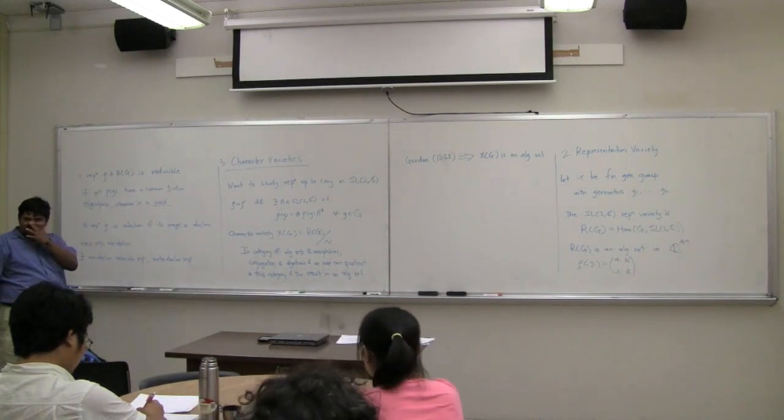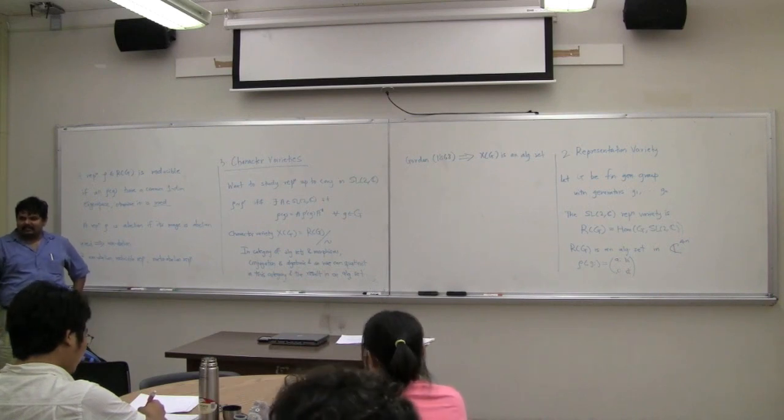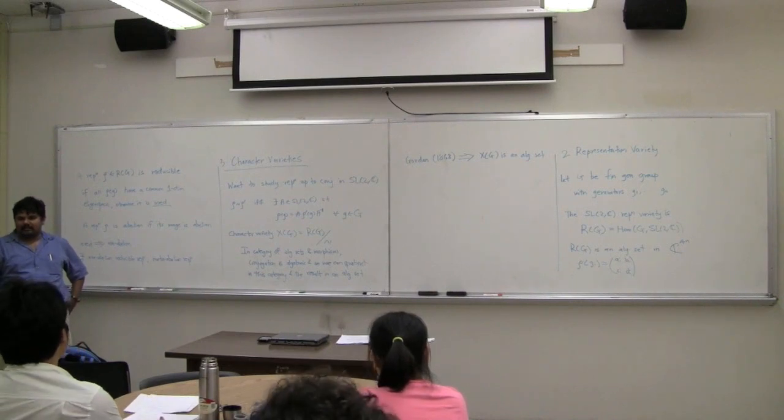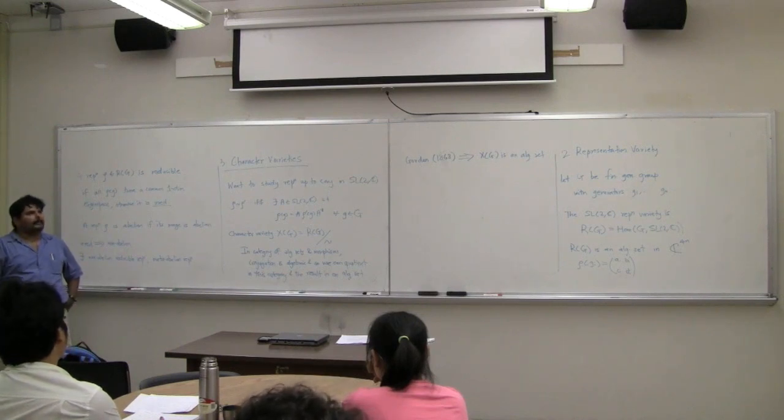Do you understand, if the variety is defined via an ideal, the relationship between that ideal and the ideal for the quotient? No, I don't know.